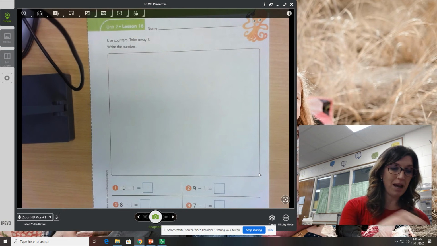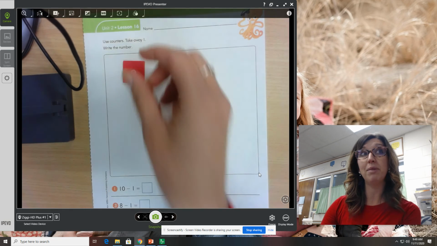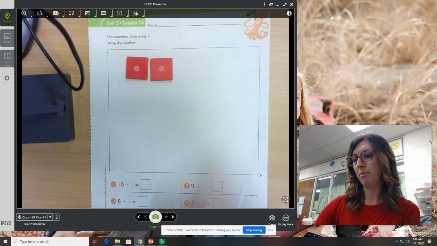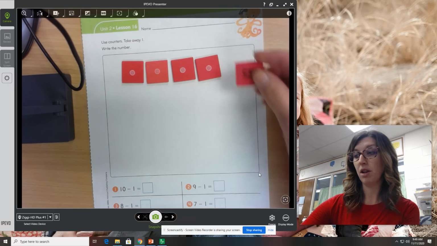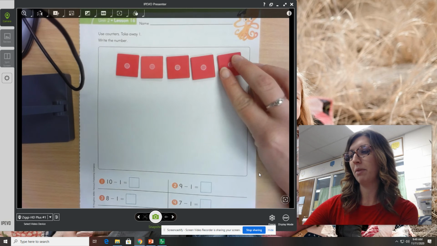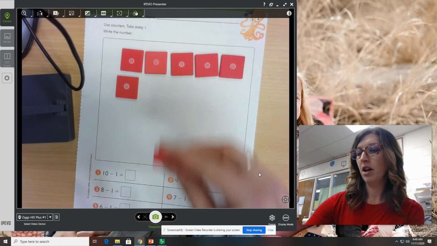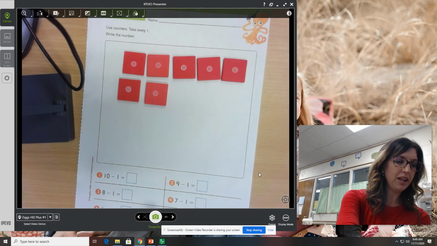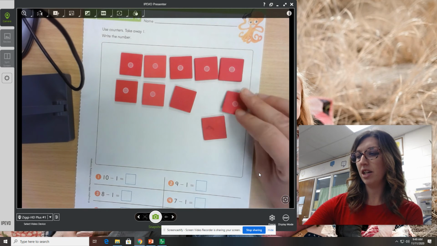And I'm just going to use my counters. I'm not going to use 5 groups this time because I want it to be a little bit easier to do the -1 pattern. When you are done with finding 10 objects, go ahead and put them in 2 5 groups, just like mine.